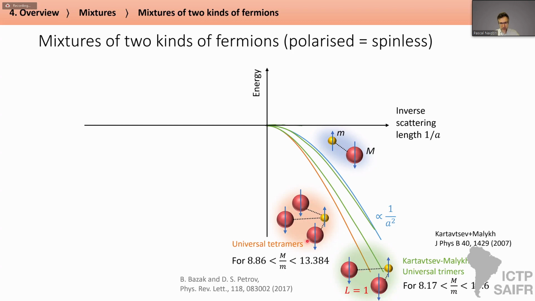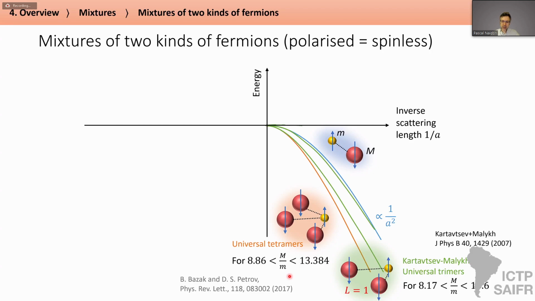It can also glue 3 fermions and form a 4-body bound state that is still described only by the scattering length. And that is when the mass ratio is between 8.86 and 13.384, so a very specific mass range. And that was found by Bazak and Petrov.